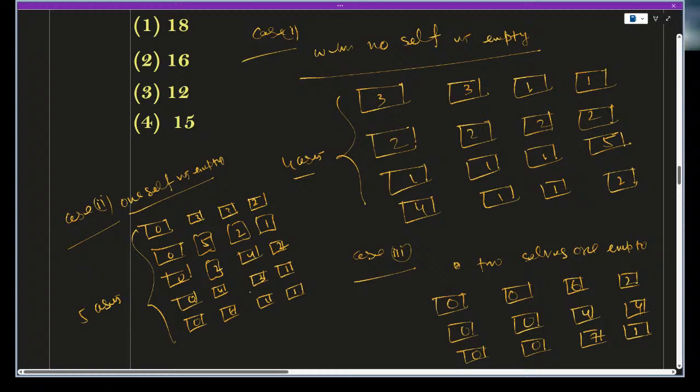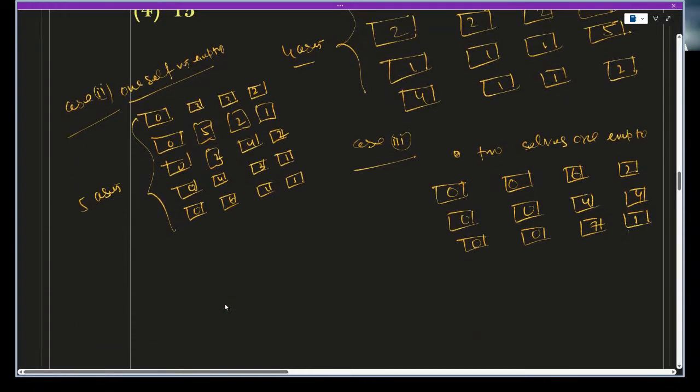Check once, very first. 5 3 is also possible. Agree or not? You cannot arrange in between them because the books are the same.